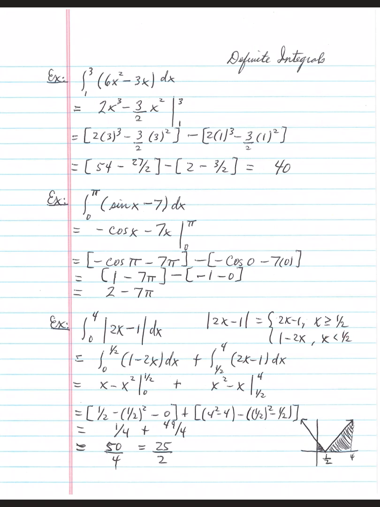Absolute value functions are piecewise functions. That also helps us integrate because we can integrate in pieces. This little bit here, shaded in the graph, belongs to the 1 minus 2x portion, and it's shaded from 0 to 1/2, and that is where you integrate 0 to 1/2, 1 minus 2x.